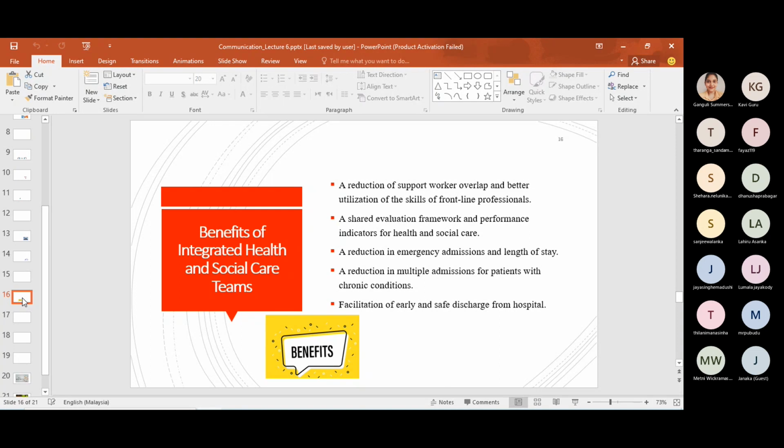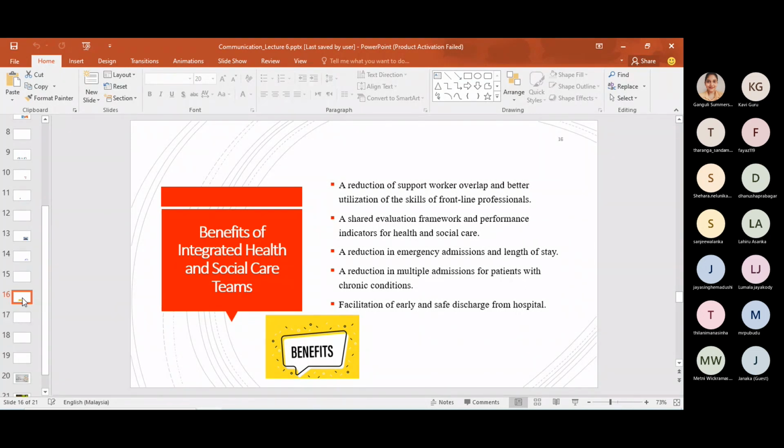And the reduction in multiple admissions for patients as well. Multiple admissions for patients means, once again, when you have too many admissions of patients to the hospital. This you can also handle easily if you have a partner. If you can direct some of your patients to another hospital when you don't have enough staff, that will be easy for you, and good for your patients as well, because then they will get more attention to their needs.